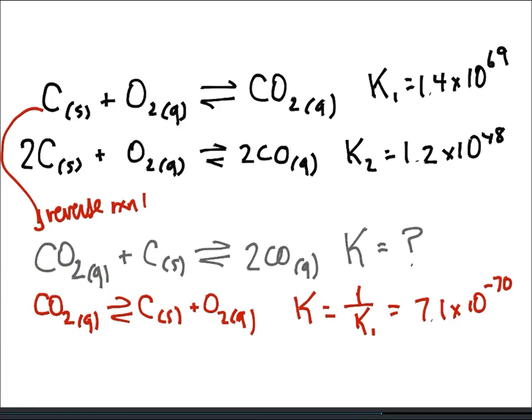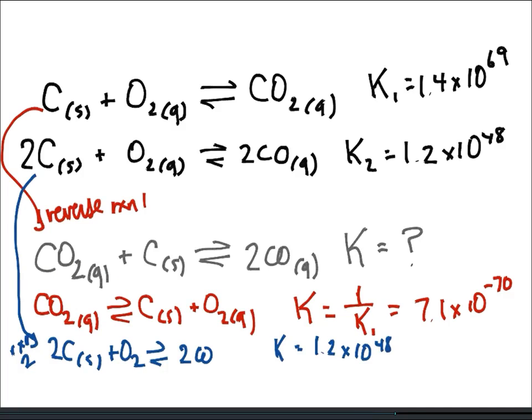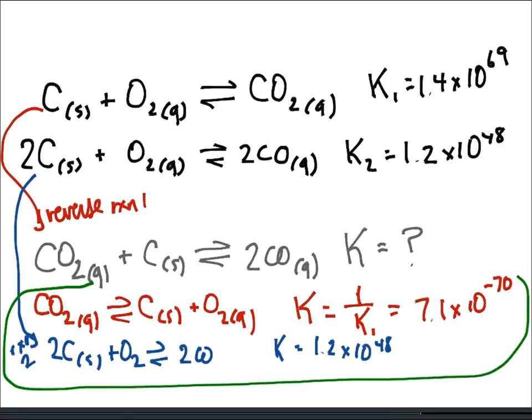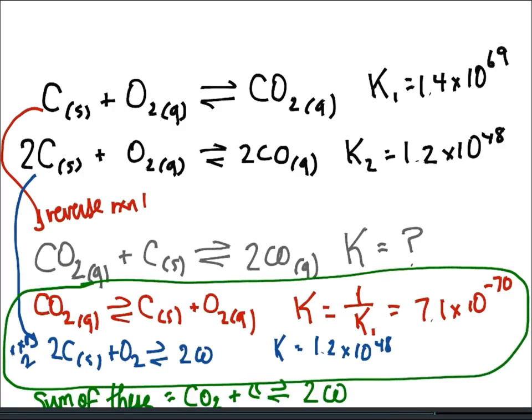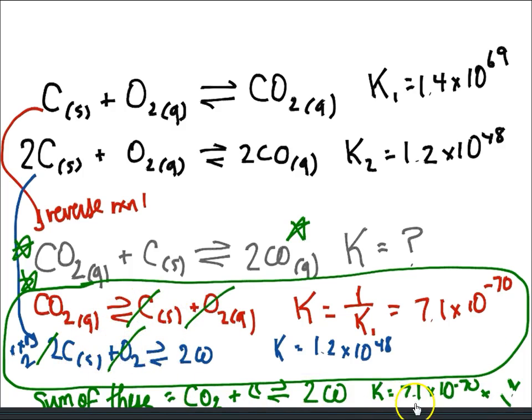And now if we take reaction 2 and add that one to the reversed reaction 1, then what you'll notice is that you get the overall equation. So we're going to sum those two reactions. The sum of these two reactions is the equation we're looking for, which is this one up here: CO2 plus C goes to 2CO. This is just proving that they add together: the O2s and one of the carbons cancel.